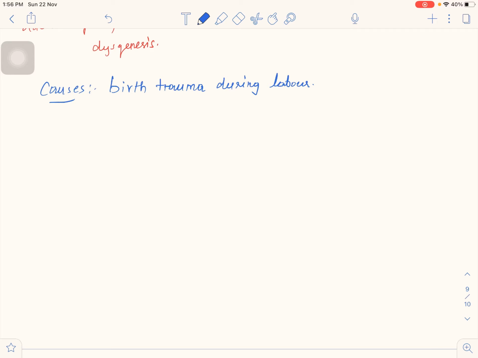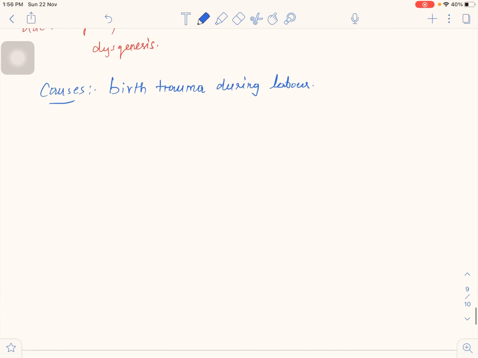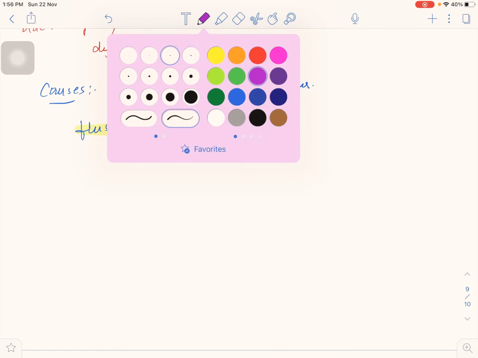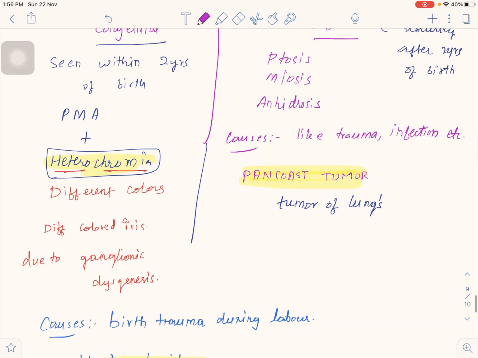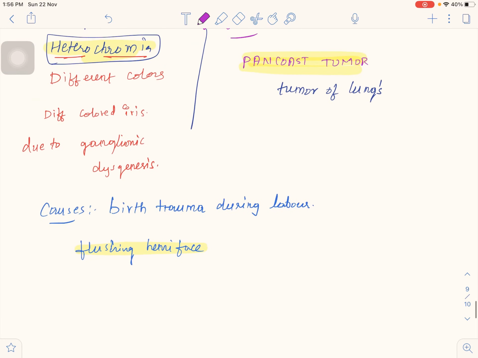Parents complain that the child develops flushing of the hemiface. So this is about congenital and acquired types.